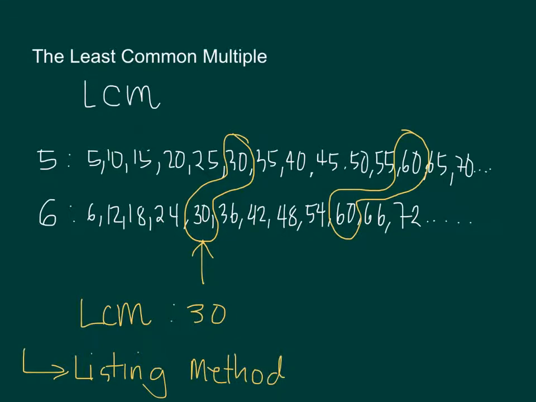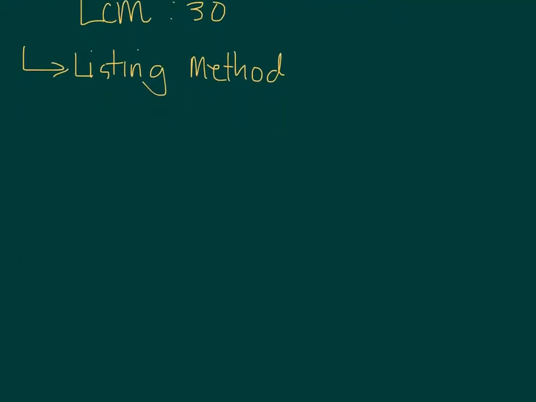Okay, now this idea of least common multiple is not restricted to just two numbers. So sometimes you also would want to find the least common multiple of three numbers. So let's take, for example, 6, and let's have 9, and then let's say we have 3. Okay, let's identify the multiples of 6.